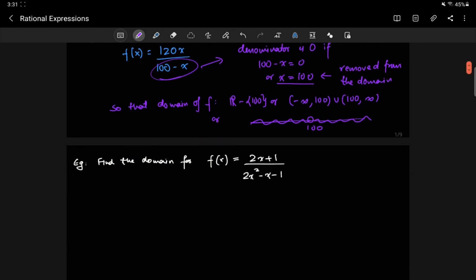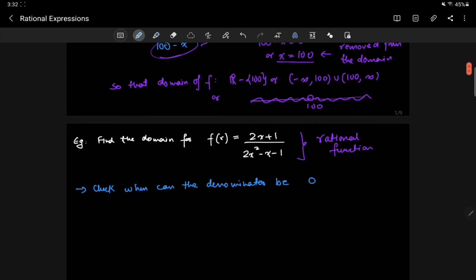Now let's look at another example. This is also a rational function. To find the domain, we again check when the denominator can be 0, because that's what we are trying to avoid.